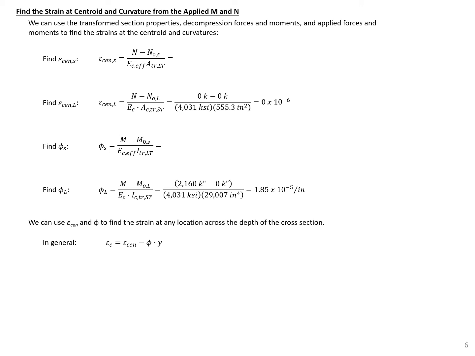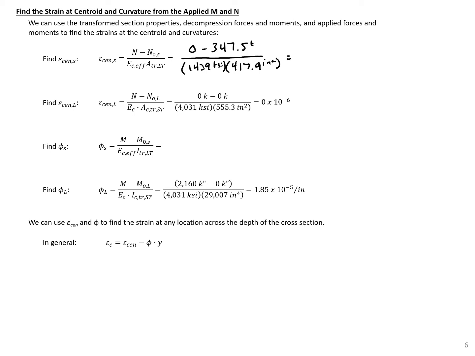We'll start with the strain at the centroid due to our sustained loads. So here we have no sustained axial load, but we have our N sub naught sustained equal to 347.5 kips divided by 1,439 KSI times our A transformed long term, 417.9 square inches.